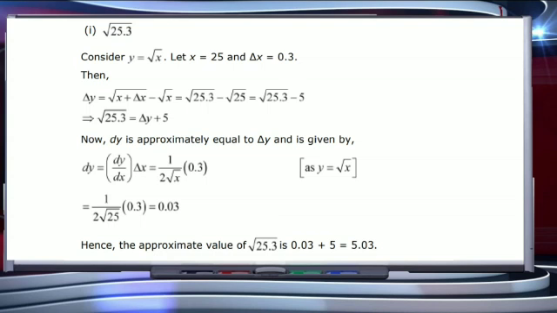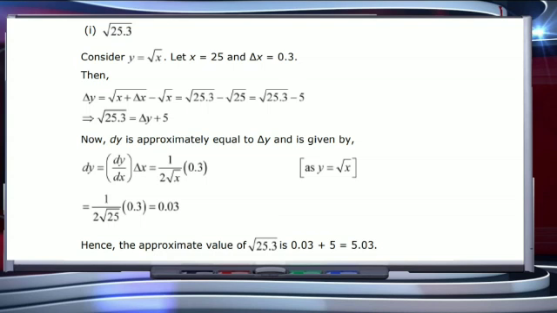We know that the differentiation of root x is 1 by 2 root x. So substitute that: 1 upon 2 root x into delta x, which is 0.3, that we have already taken. Just substitute all the values and calculate. After calculating this, we get the value 0.03.